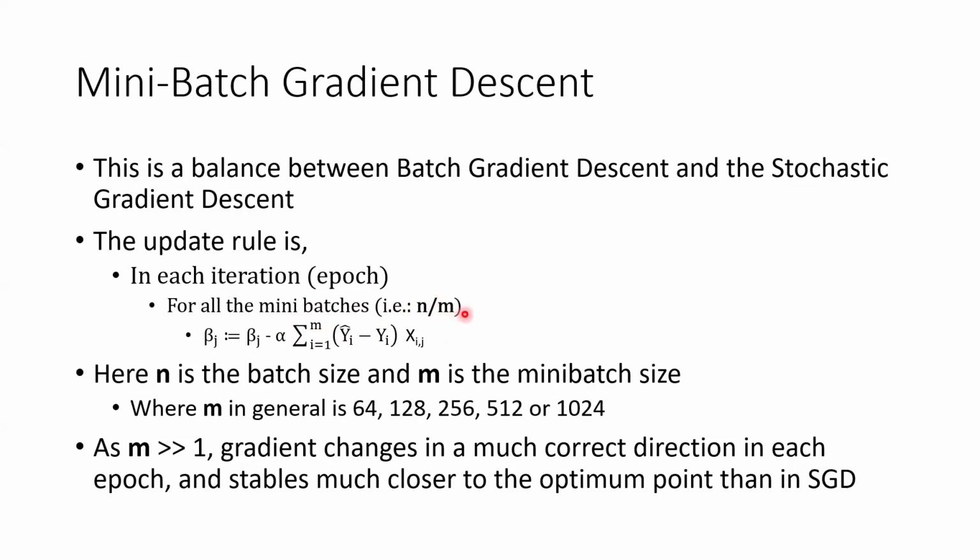You can use a mini batch. So generally you take the mini batch size m as 64, 128, 256, 512, 1024, and so on. Those are some practical numbers, right? So you can select any number for m, so that it would work better, right?